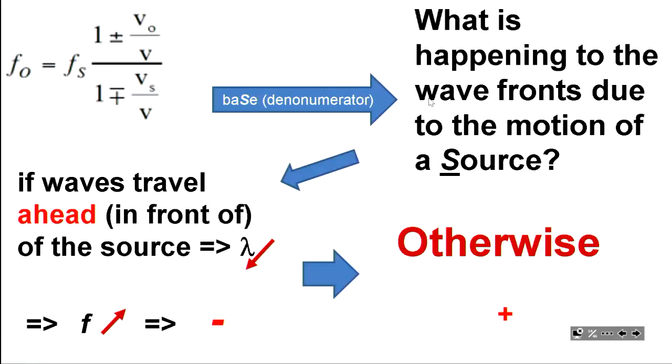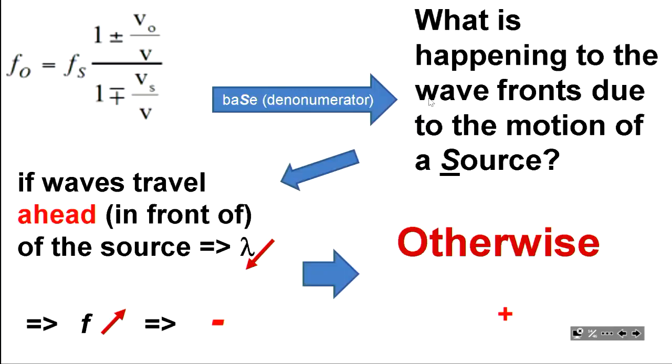If we decrease the denominator, the whole fraction increases. With the numerator, it's much easier, right? So, source. If the source is not moving, this variable, the speed of the source relative to the ground, Vs, is just 0.